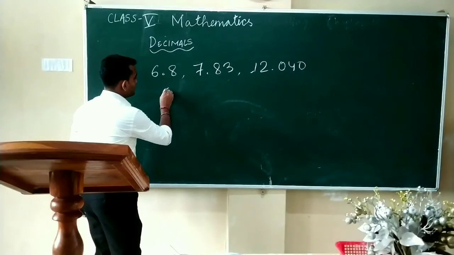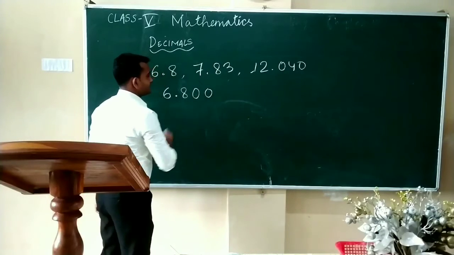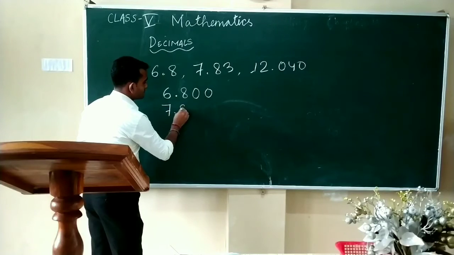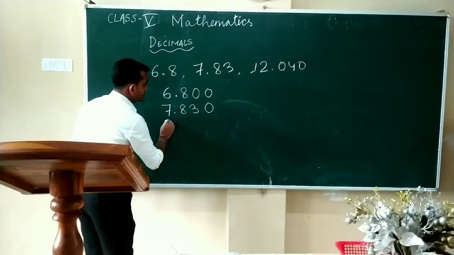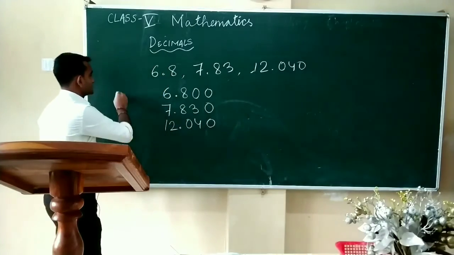So this number can be written with 3 decimal places, this one with 3 decimal places, and this one with 3 decimal places.